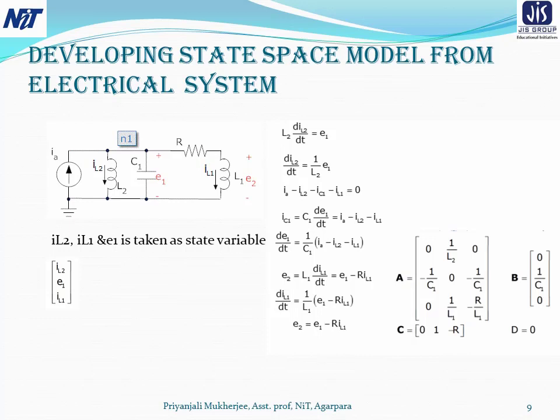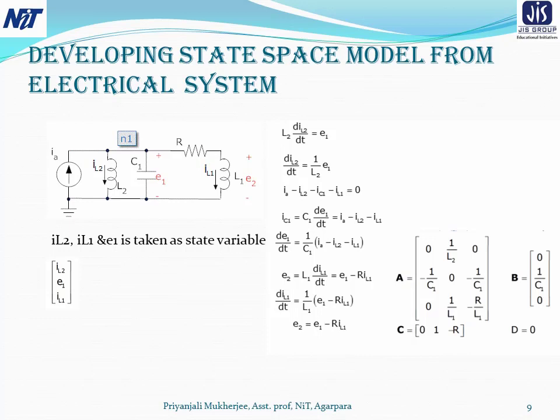Next, for E1 dot, the coefficient of IL2 is minus 1 by C1, the coefficient of E1 is 0, and the coefficient of IL1 is minus 1 by C1.